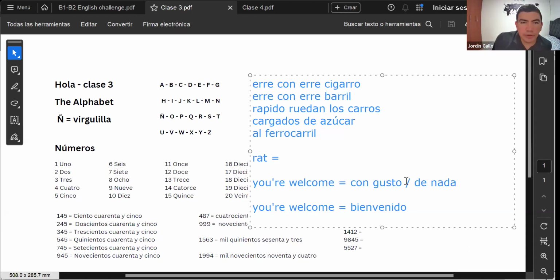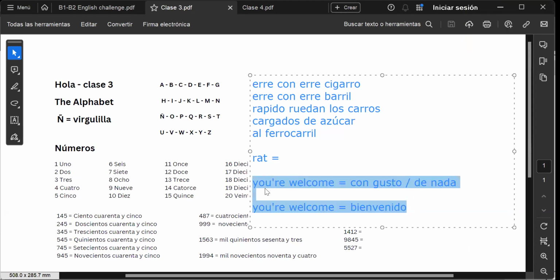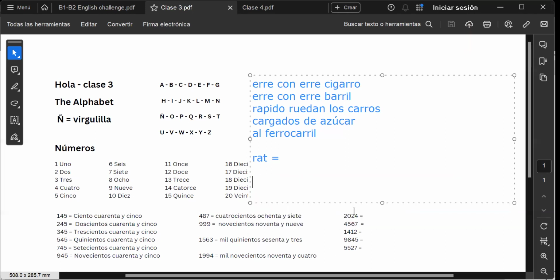So, Sherry, you coming? Yes. Okay, go ahead. R con R, cigarro. R con R, barril. Rápido ruedan los carros, cargados de azúcar al ferrocarril.